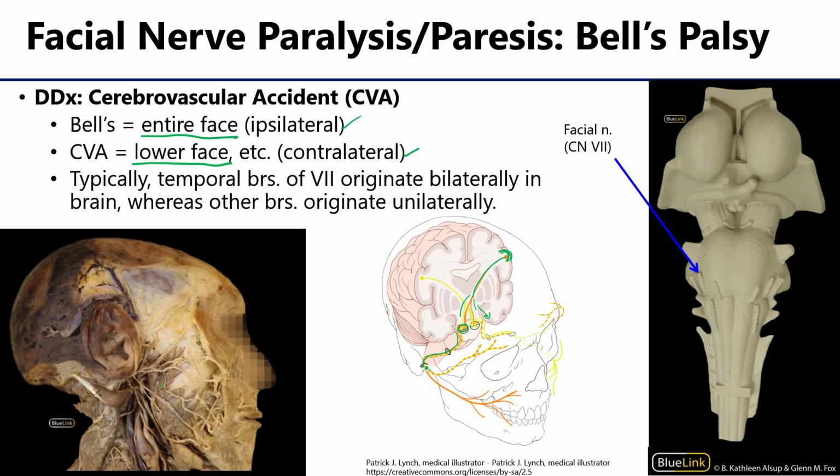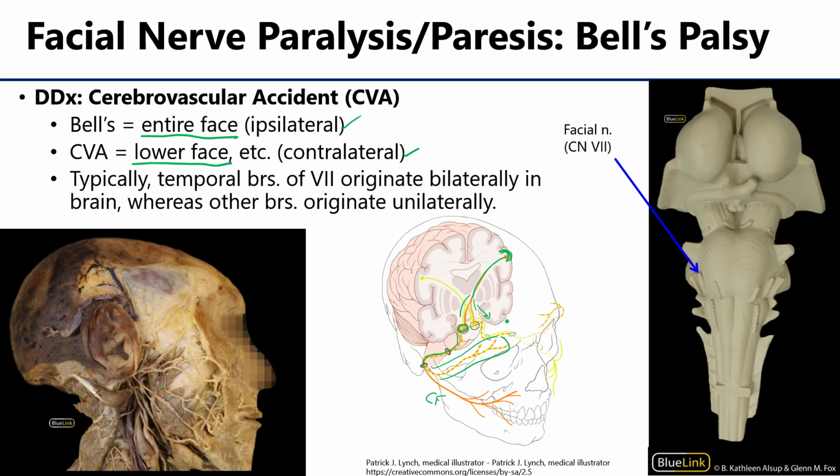And so we'll have, look at the divisions. The cervicofacial division is mostly served by the contralateral, whereas the temporofacial division has a nice mixture of fibers from both.